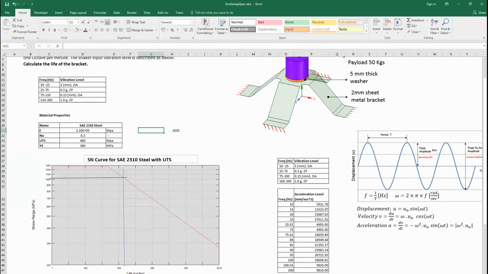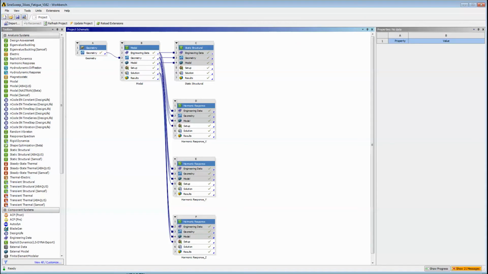Having this done, we will discuss how to calculate the life, or how to say whether this test is going to pass or fail after carrying out a detailed fatigue analysis study.